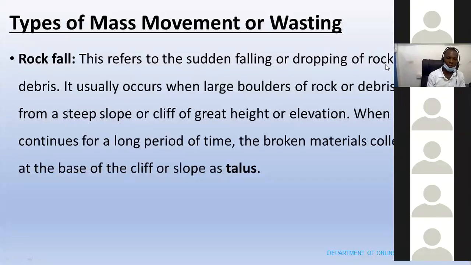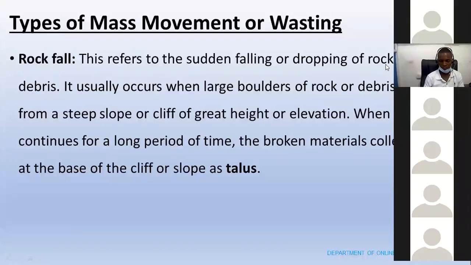And I did indicate that among the various types of mass movement, rockfall is the most sudden or the fastest. That is in terms of how fast the materials are able to move. If you look at the phenomenon involving rockfall, the materials move at a faster rate compared to the other types of mass movement.